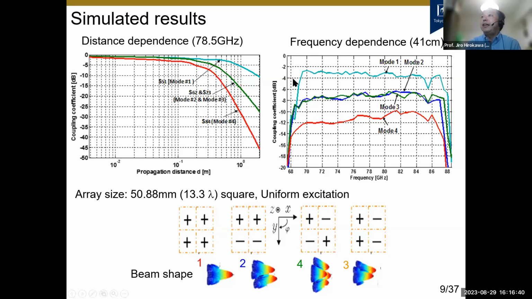As regards the frequency dependence, this is a flat dependence, considering the corporate feed circuits. Corporate feed circuits give very wide bandwidth. We can cover from 70 to 86 gigahertz, the full E-band.